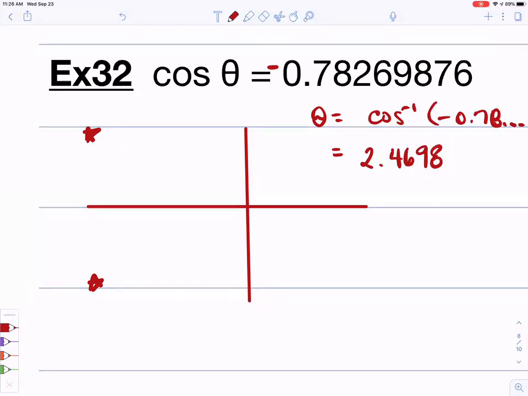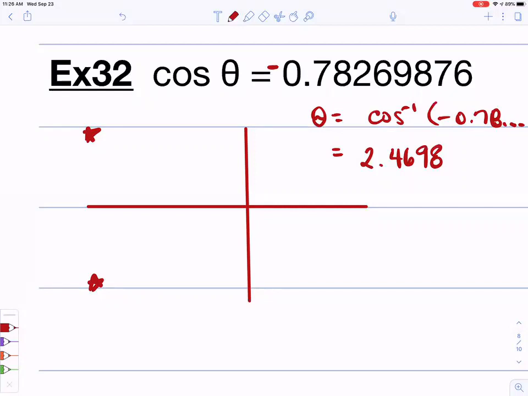Why x values? You're correct, but why? Because it's cosine. Cosine is the x value, right? Okay. So on your unit circle, looking at quadrants 2 and 3, can you find x values that are the same?